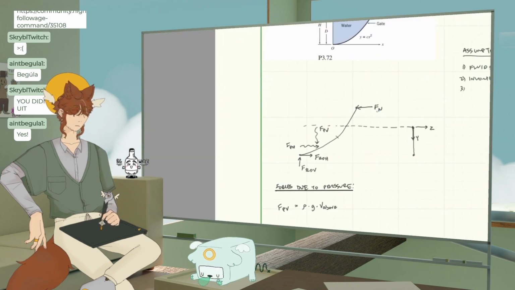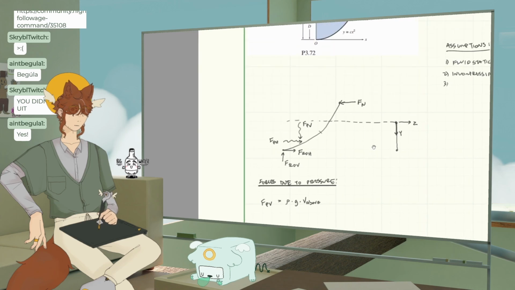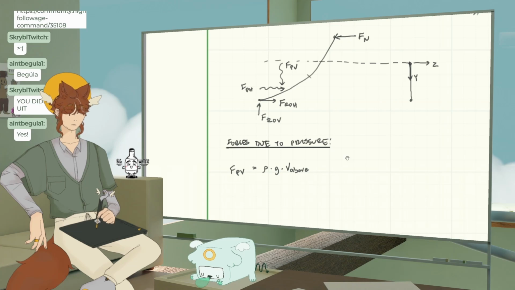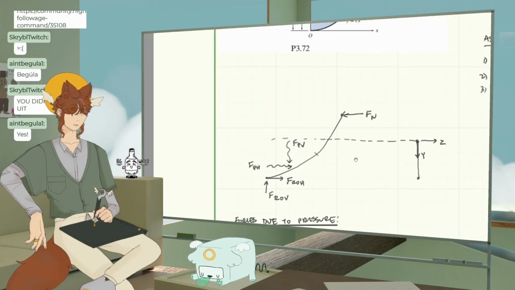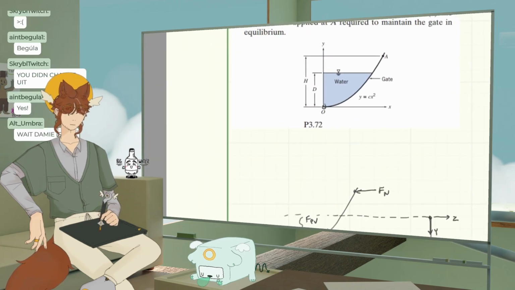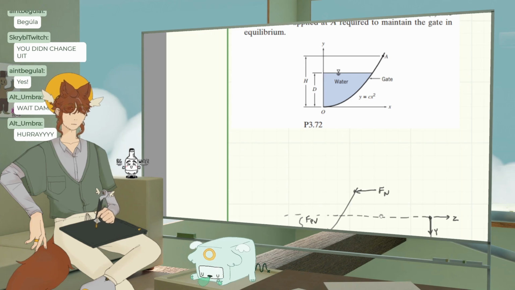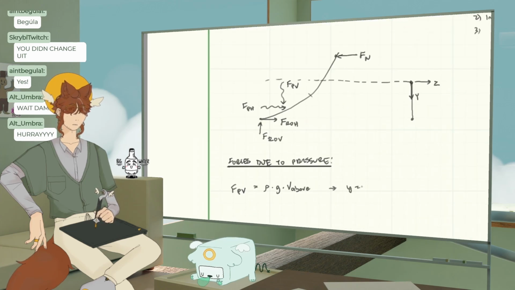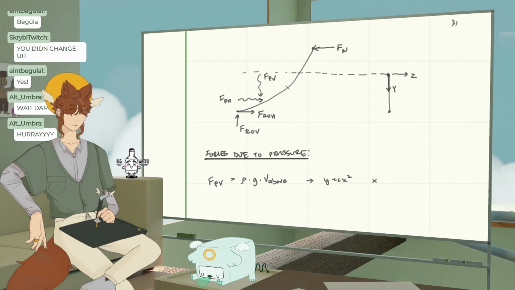So y equals c x squared. I want y to be my variable, so I'm going to go from 0 to y. So x equals the square root of y over c.